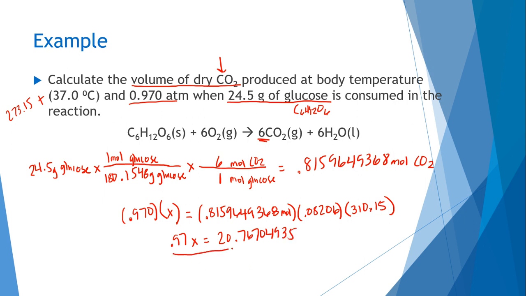We're going to divide by the number attached to x, which is 0.97, and we're going to find out that x equals, when rounded to the correct number of sig figs, which is 3 sig figs, 21.4 liters of CO2. Again, this works because everything that I'm given for the ideal gas law is actually for CO2. The volume of CO2 produced at body temperature, the pressure for CO2. So this all works.